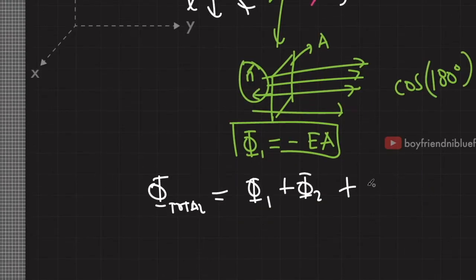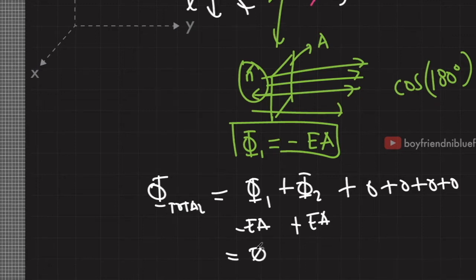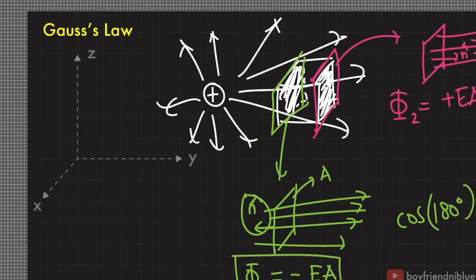So again, phi sub 1 is negative EA and this one is positive EA, so they sum to 0. Obviously, if there's no charge inside a closed surface, the net flux of electric fields passing through that closed surface is 0.